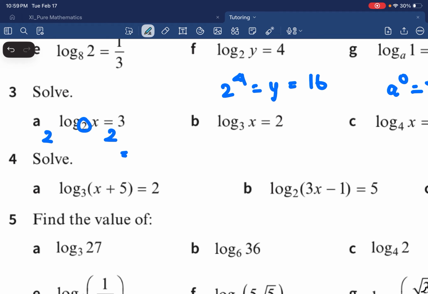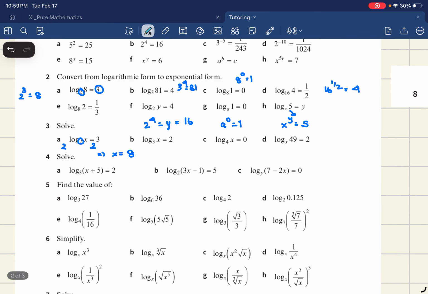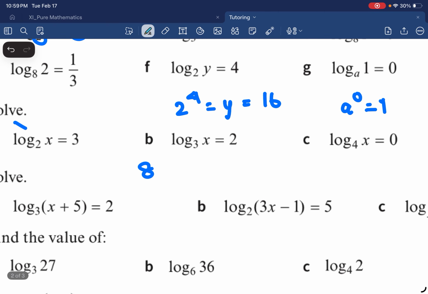From this, you get your answer that x is equal to 8, sorry. Because the bases are the same, this side is just going to be x, and on this side, 2 to the power 3 gives you 8. This is the same here.